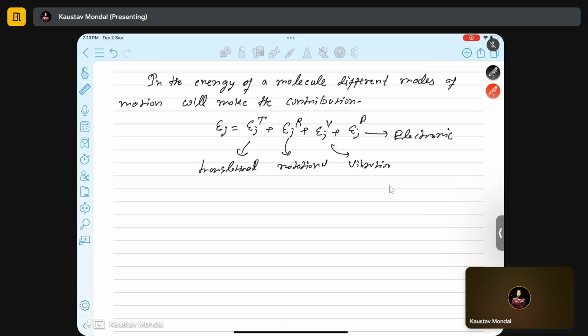If this is the general expression of the energy of a molecule, then from this expression you can write the expression of the partition function, right?